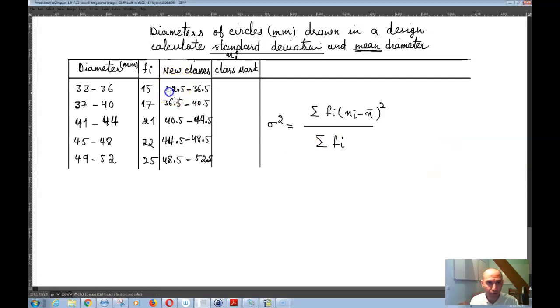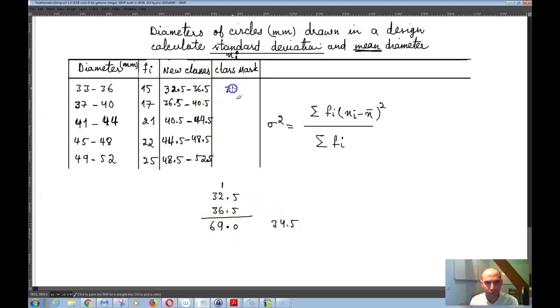Let me write this properly. This is 32.5, 36.5. If I add them together, I get 69. 69 divided by 2 is 34.5, for example.